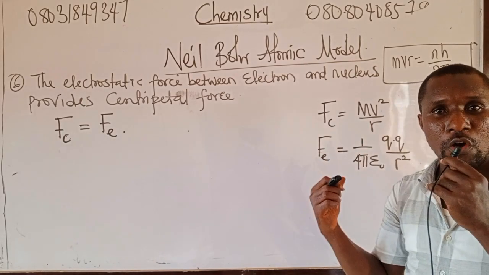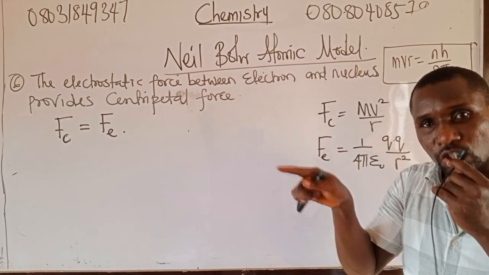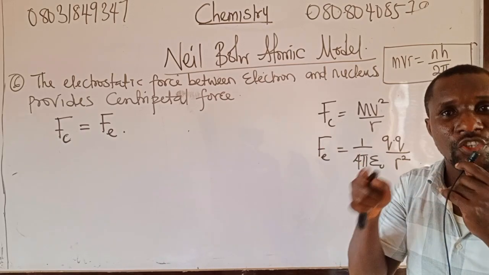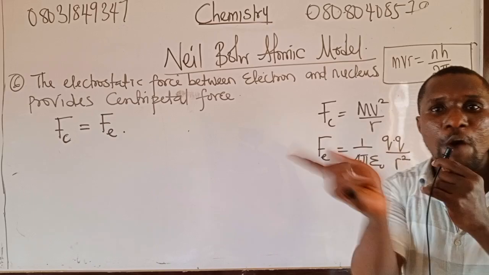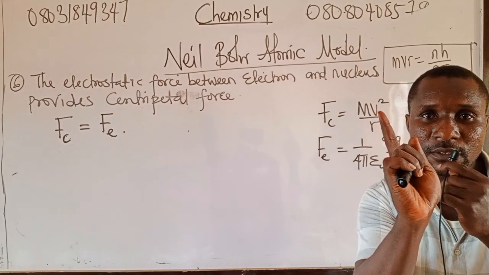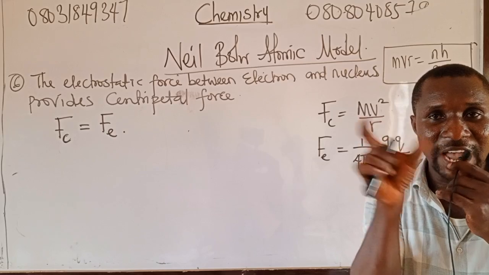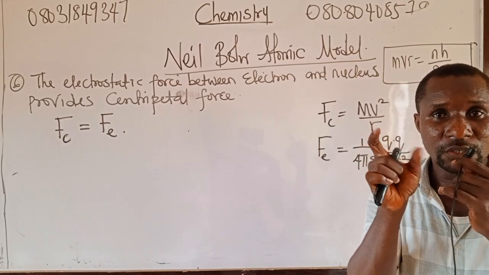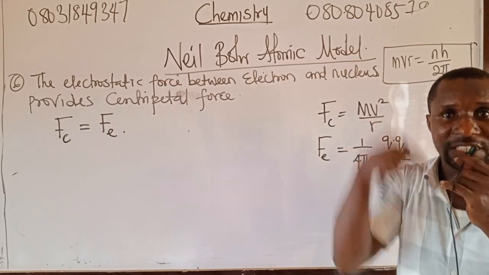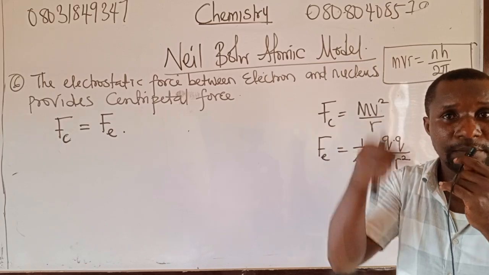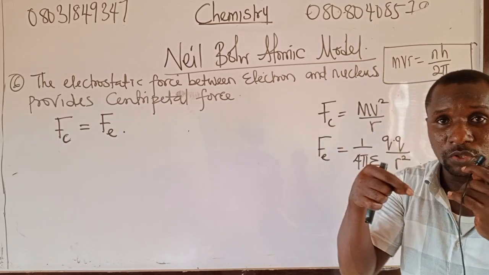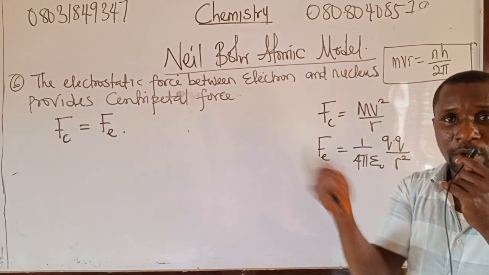According to Coulomb's law, the value of the charge of an electron is the same as the value of the charge of a proton, but opposite charges.